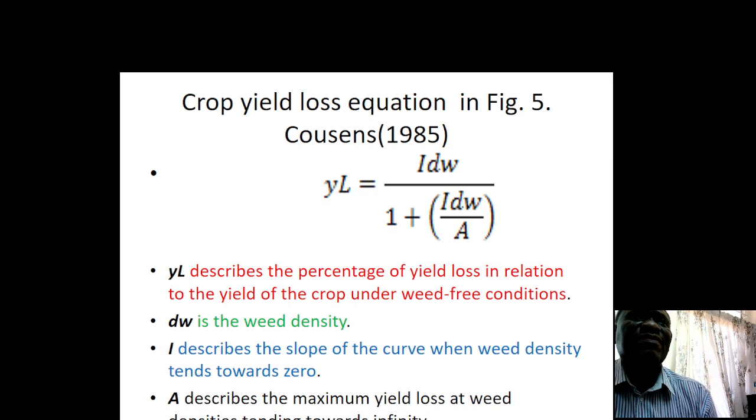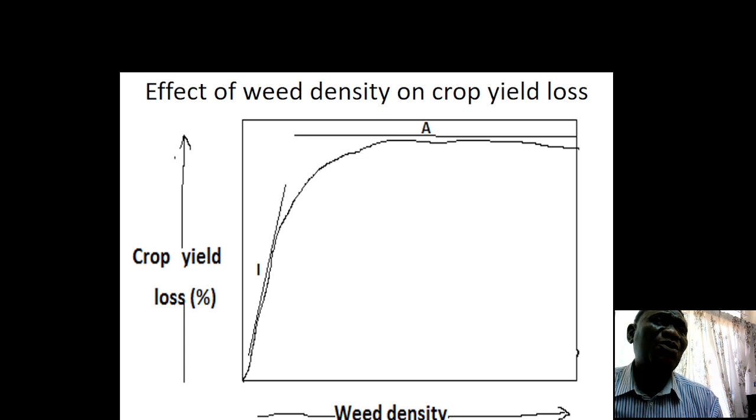Now the graph on crop yield loss, this one, we can represent using an equation.